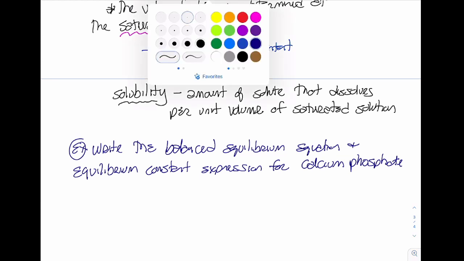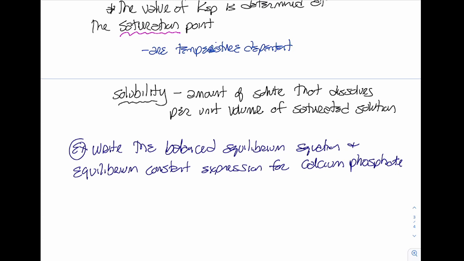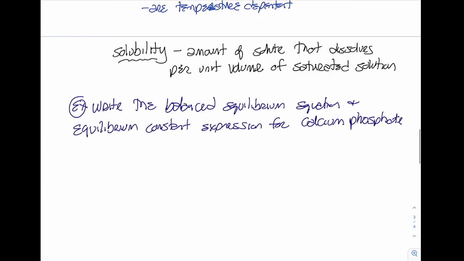So again, if you need to go back and review nomenclature, please do that. I'm just going to write it here.